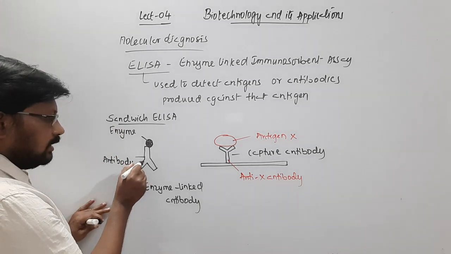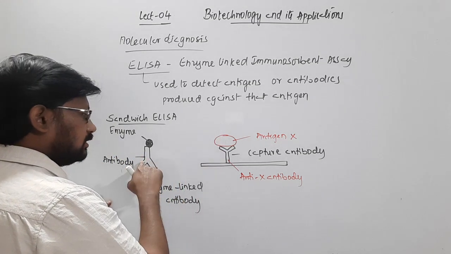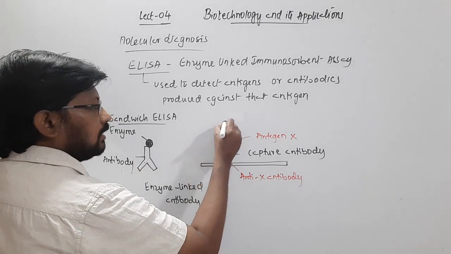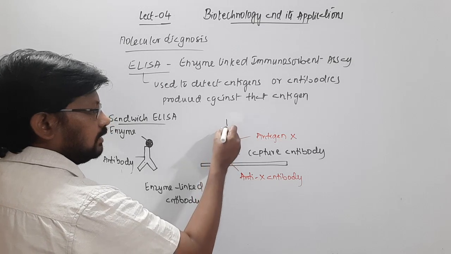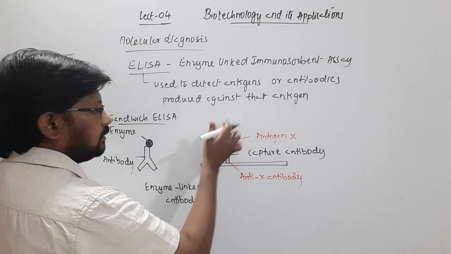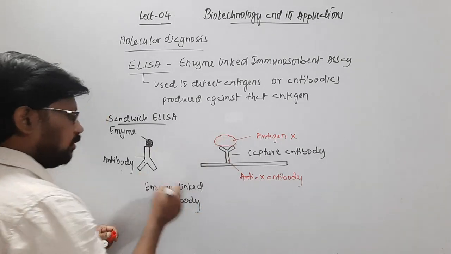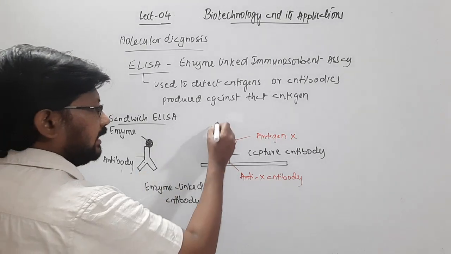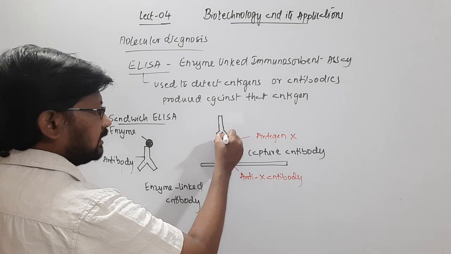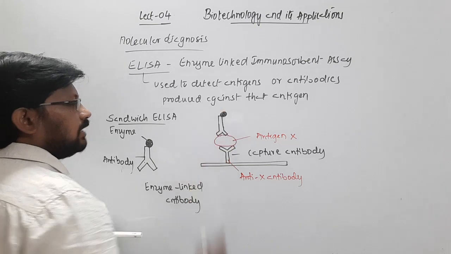Now the point is that this antibody will be specific to this antigen. If this antigen is present, then this will bind, otherwise it will not bind. In this case the antigen is present. When the enzyme-linked antibody is added, it binds to that antigen X, and the enzyme is linked to it.